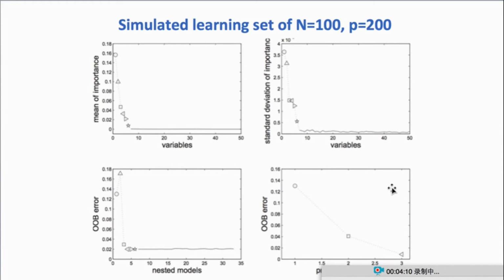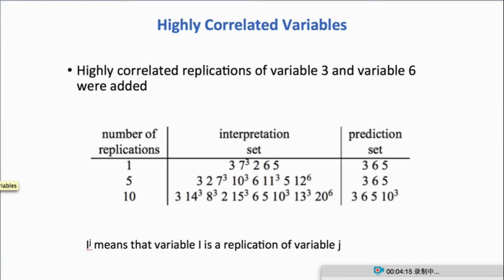and 5. The paper also examined the performance of this variable selection method in the presence of several highly correlated variables. Highly correlated replications of variable 3 and variable 6 are added. The table shows the results of variable selection for interpretation and for prediction when respectively adding 1, 5, and 10 replications of variable 3 and variable 6 to the dataset.